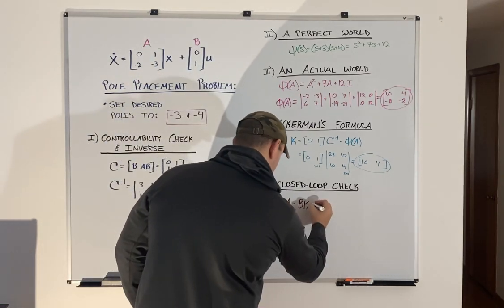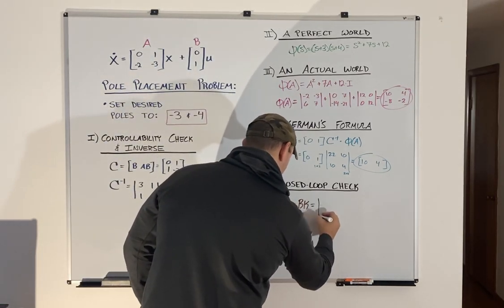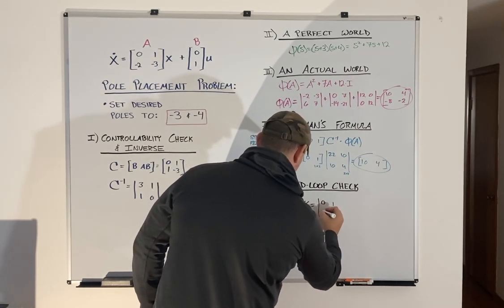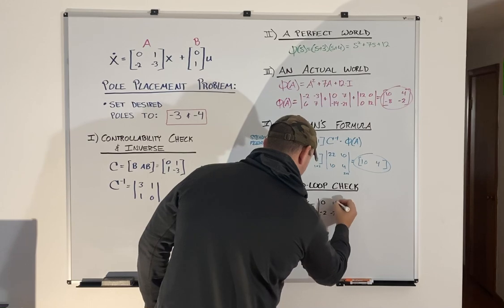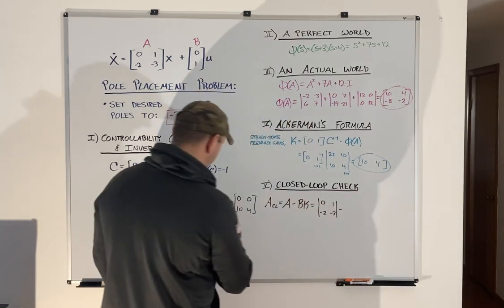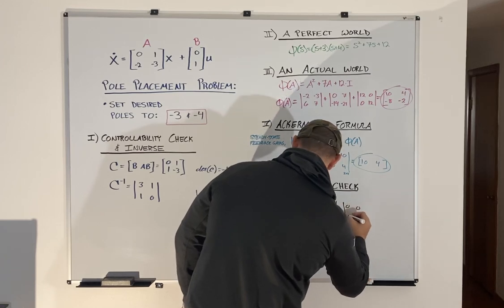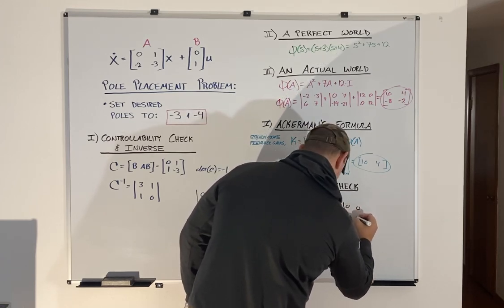So this is equal to original A, [0, 1; -2, -3], minus B times K, [0, 0; 10, 4].